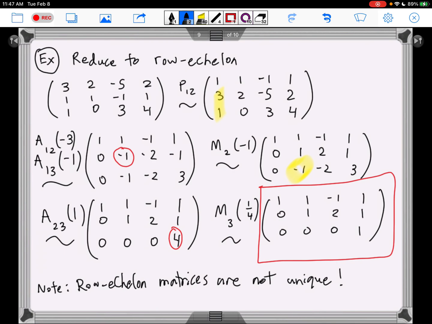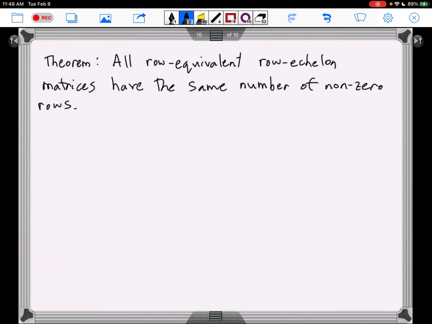That's unique. In other words, no matter which method you use to do that problem, you would have ended up with a matrix at the end that has 3 non-zero rows.